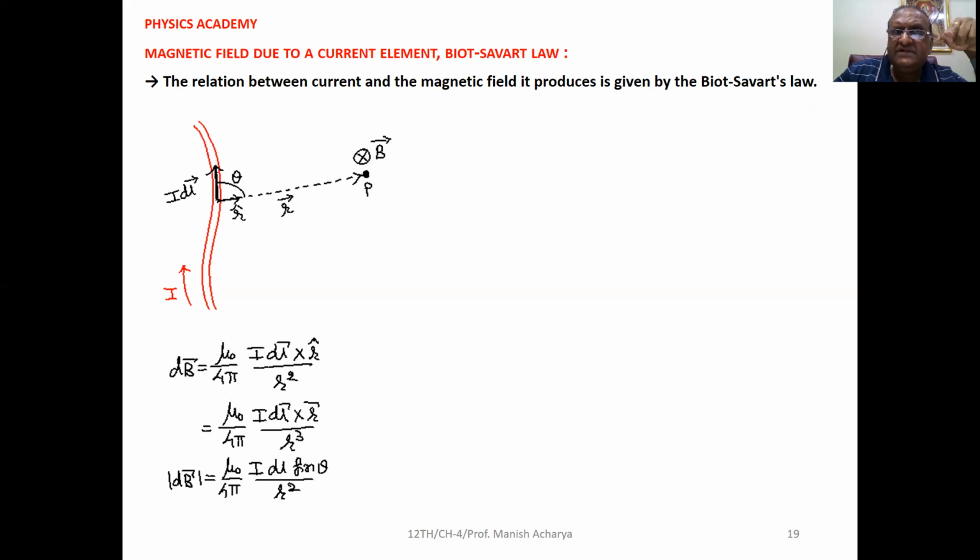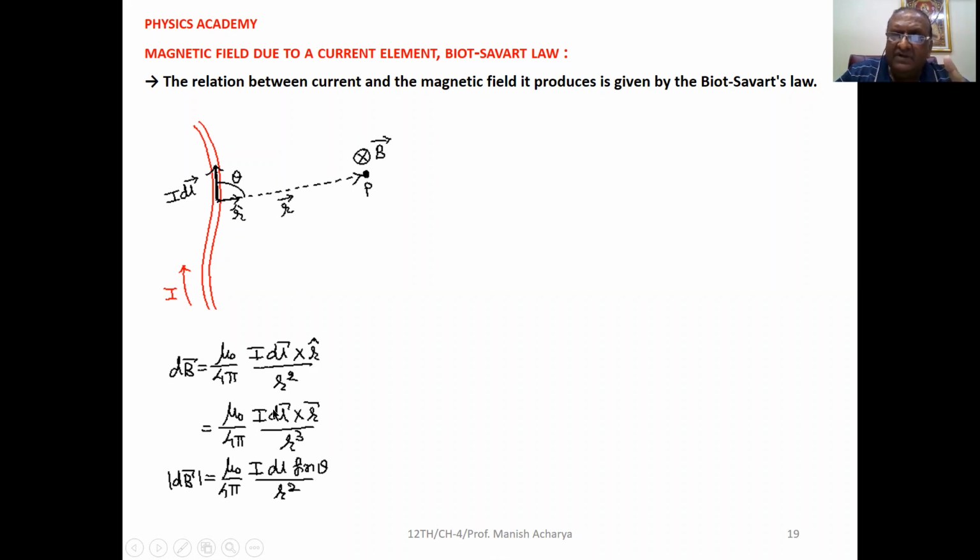Biot-Savart represented the equation: the magnetic field produced at point P due to this current element I dl is given by mu0 upon 4 pi, I dl cross r caret upon r square, where r caret is the unit vector in the direction of the position vector of that point.